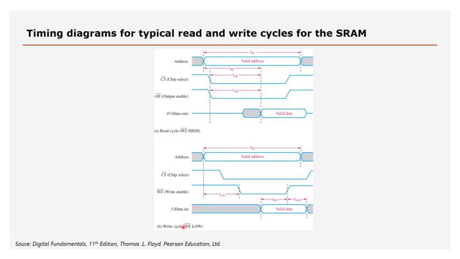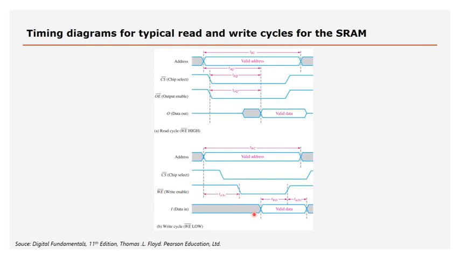If I want to write to the device, it's a similar story. I put a valid address on the address bus, and a little bit later I pull the chip select low. Then, as soon as the data is available, wait a certain time period before you pull the write enable line low, and now we can write the data.